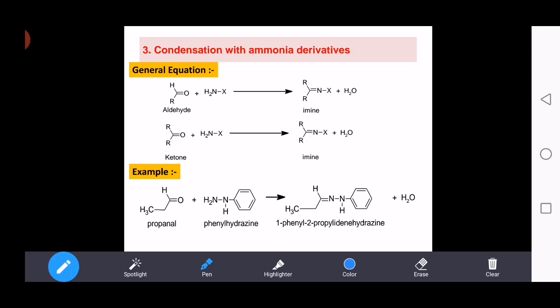So bila ada carbonyl group, so dia akan tunjukkan positive result lah daripada reaction tu. Ada changes. Sebab carbonyl group tu dah react dengan dia ammonia derivative, untuk produce air. So boleh check balik lah pasal Brady test.